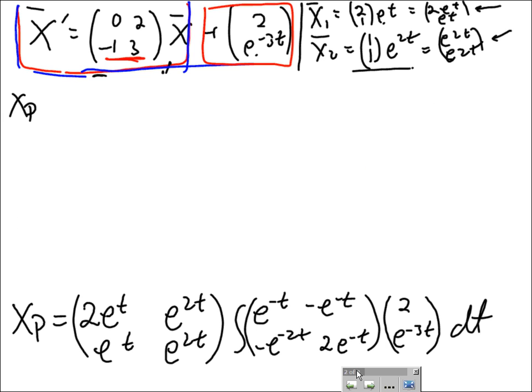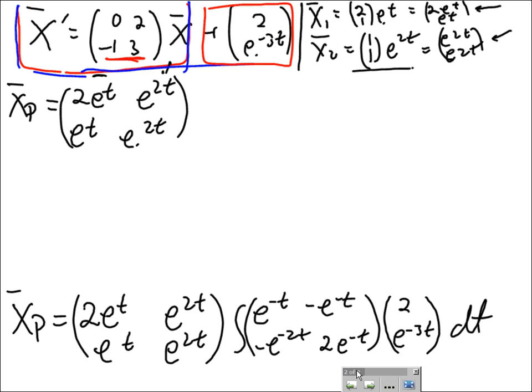So x_p is equal to that first matrix times the integral of this times that dt. Well, let me do this times that. It's going to be 2e to the negative t plus this times that, which will be negative e to the negative 4t.